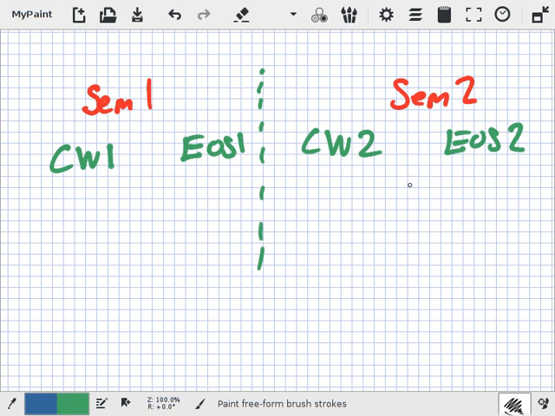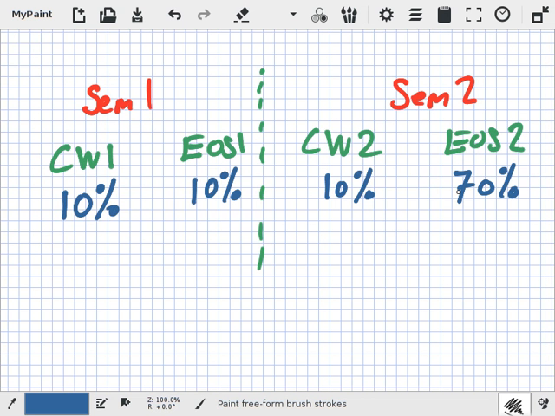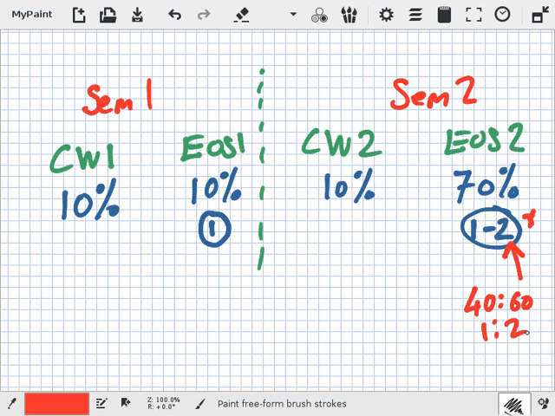The percentages: this one is worth 10%, this one 10, 10 and 70. This one is only for semester 1 topics, but this one is for both semesters, semester 1 and 2. However, in the exam there's a little bit more semester 2 than semester 1. I'd say the exam is maybe 40-60 between semester 1 and semester 2. But obviously this is all semester 1.